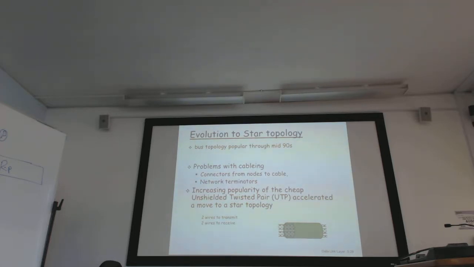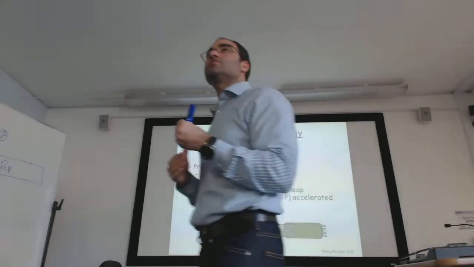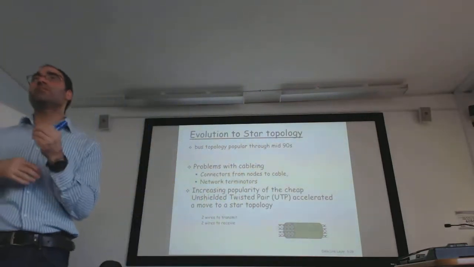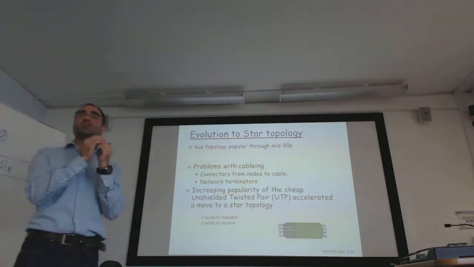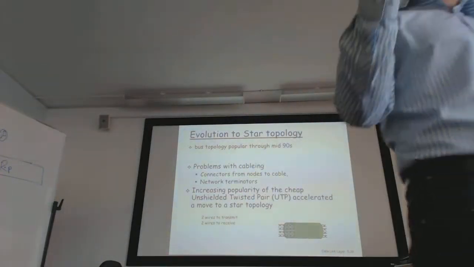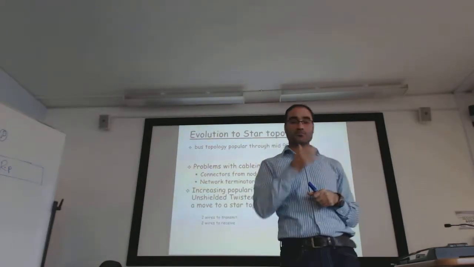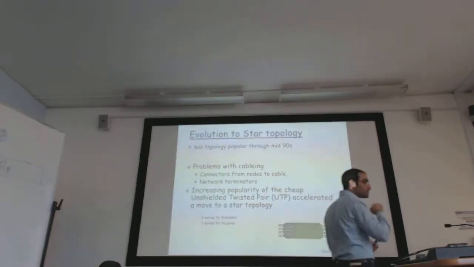Increasing popularity of it. It was cheap to be used, but it was suffering from that side of not easy to implement. Sometimes it's very easy to have a twisted pair which stops everything. It's very easy to break it. If you have that break in the middle, the signal disappears. So it's not easy to have it played with around in a sense.